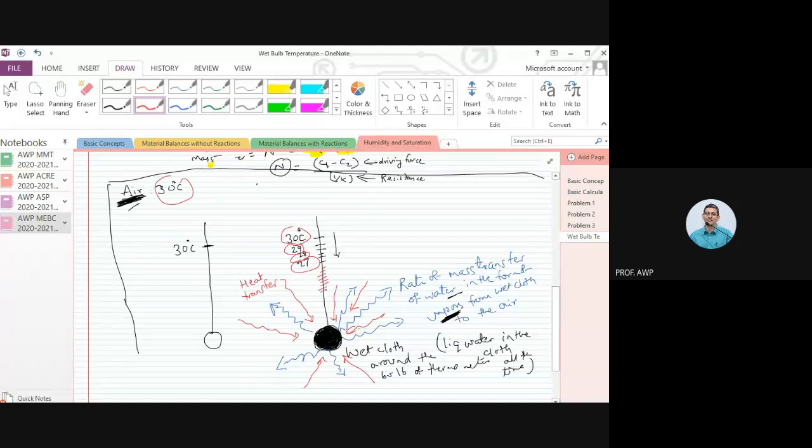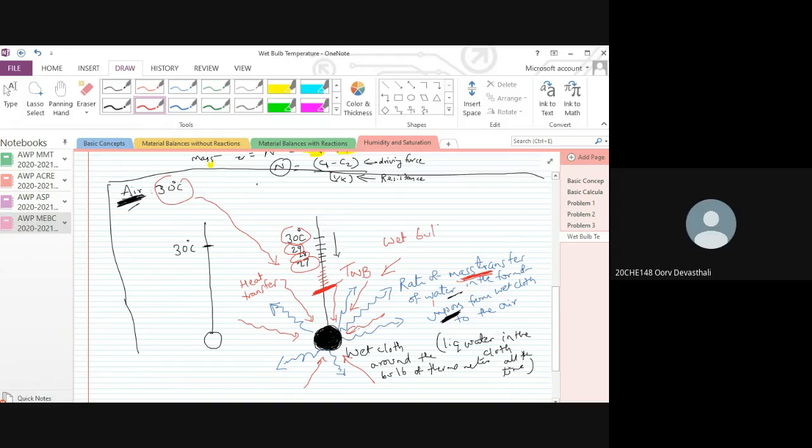It will fall to such an extent that the rate of heat transfer from the air to the thermometer bulb equals what is required for evaporation of water by way of mass transfer. And then the temperature will reach a steady state value. That temperature we call the wet bulb temperature.